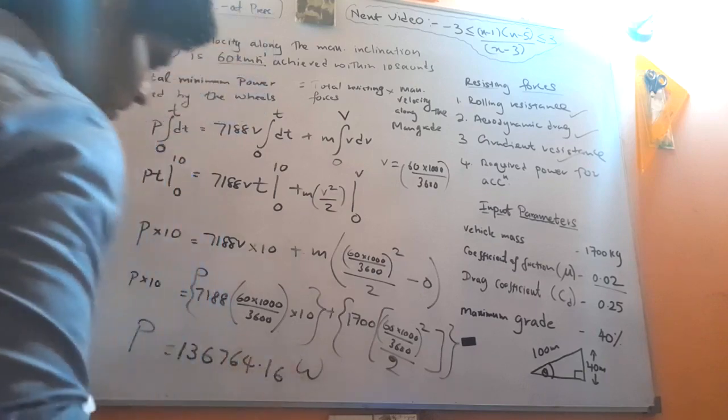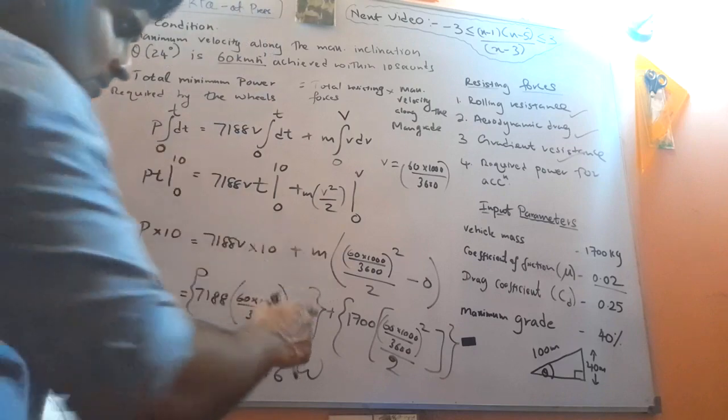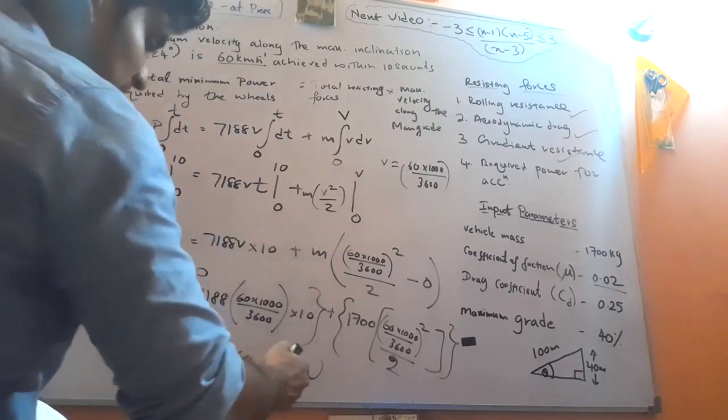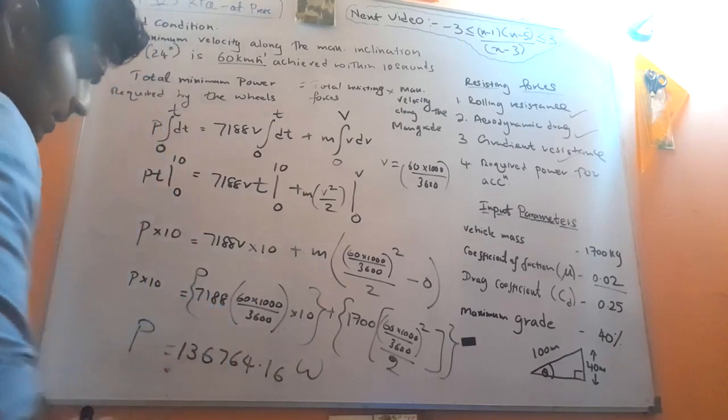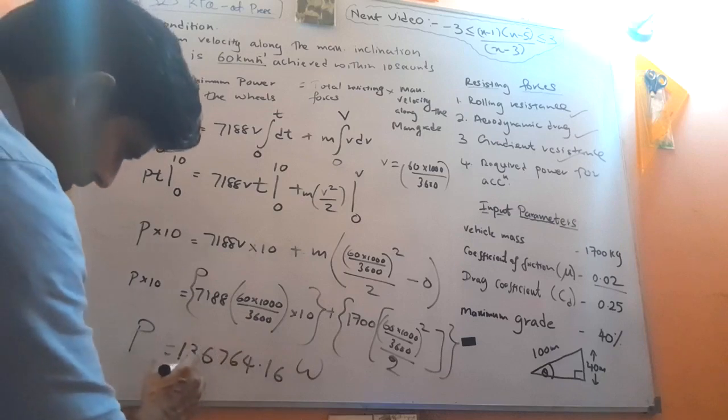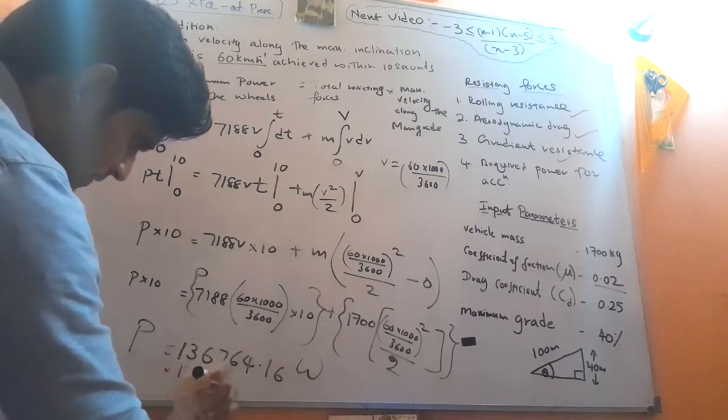136,764.16, right? So you will get the standard answer in watts, 136,764.16. It doesn't matter, you can convert this into kilowatts, just divide this by 1000: 136.7 kilowatts.